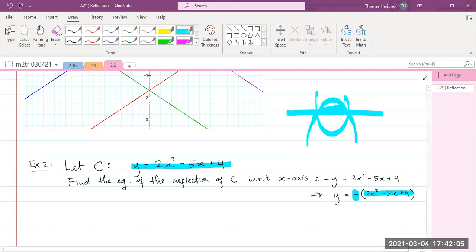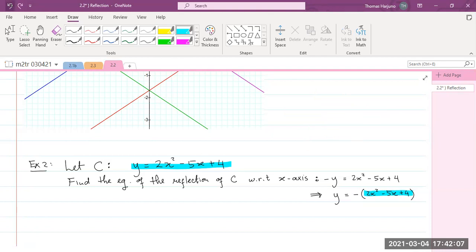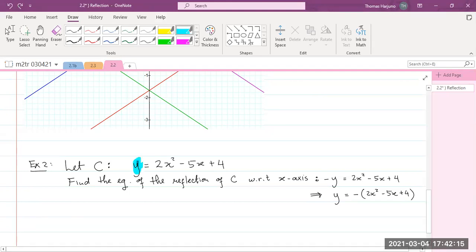Okay, that's what happened if you apply negative sign in front of a function. But why does it become reflection with respect to x-axis? That's because we change the y becomes negative y and move the negative to the other side. Okay, that's reflection with respect to x-axis.